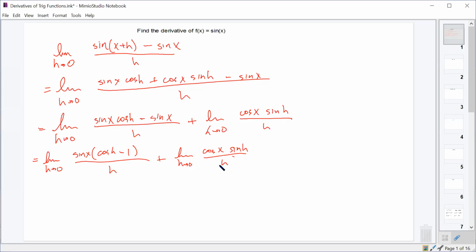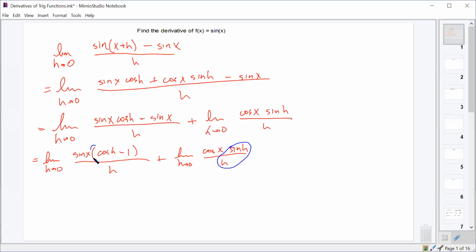And anything else that the over h part is important? Any limits that you already know just sitting around in there? Sine of h over h. We know that one is 1 if it was by itself, right? And what about on the other side?